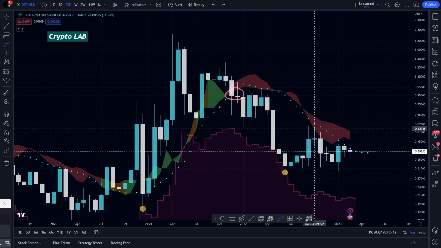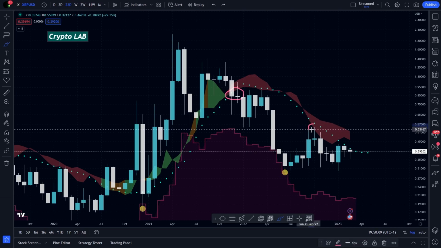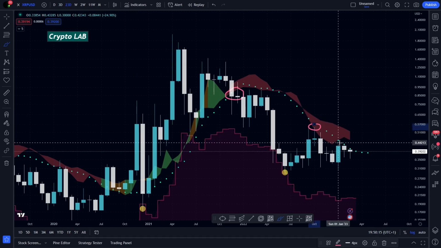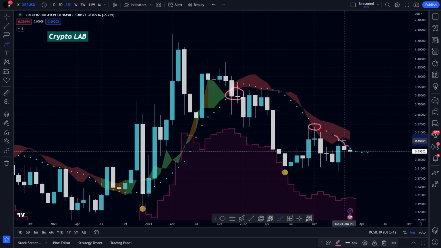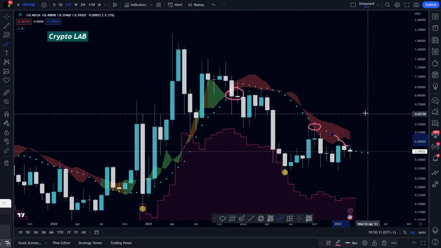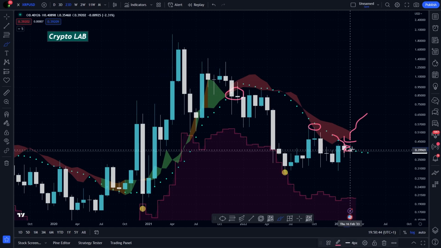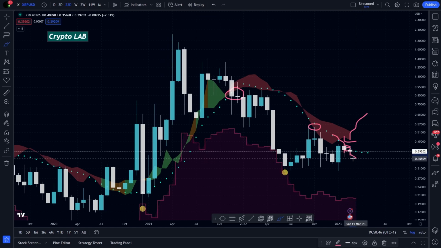And as you can see, when we were there, we got rejected by the cloud without touching the bear market resistance line, right? But this time, as the bear market resistance line went below the cloud, it became our closest resistance. So now we are facing it, and we got rejected by it once when we were there. And with this candle, once again, we are rejected.